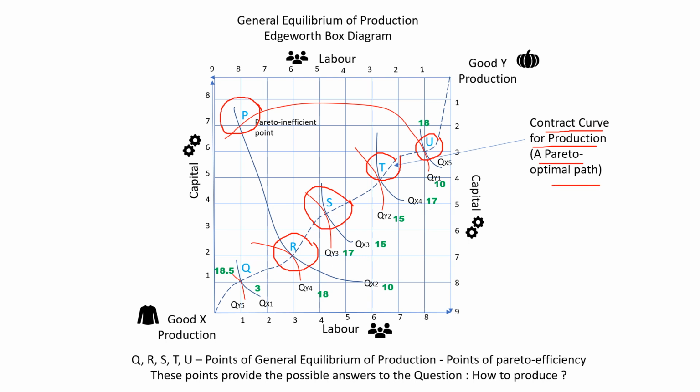And these are all points where you have general equilibrium of production, or points of Pareto efficiency, wherein we are having the isoquants being tangential to each other. Where we end up, whether we end up closer to R or we end up closer to U, as we've mentioned, really depends on the kinds of conditions that are existing on the demand side of the economy.